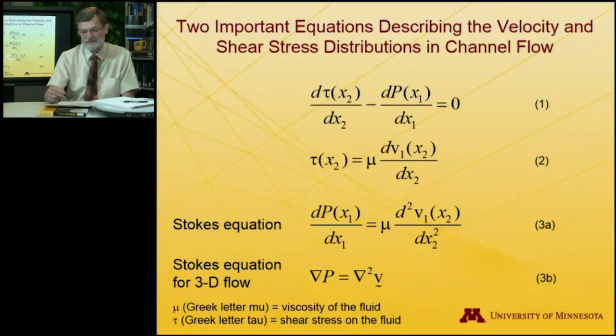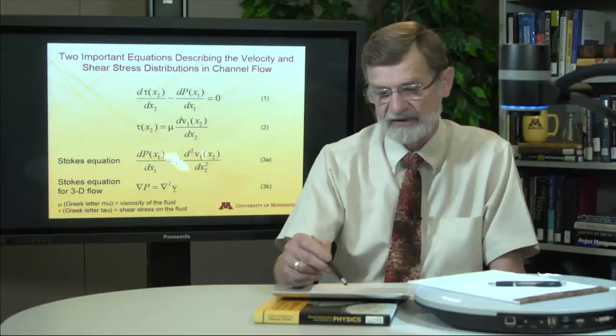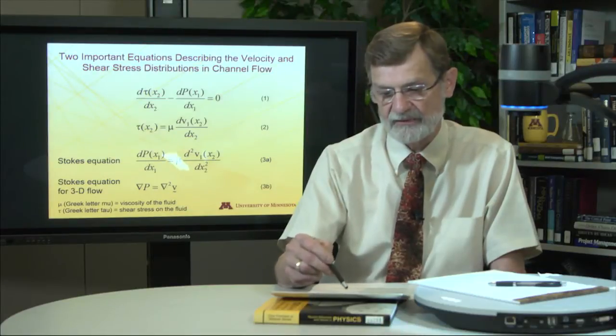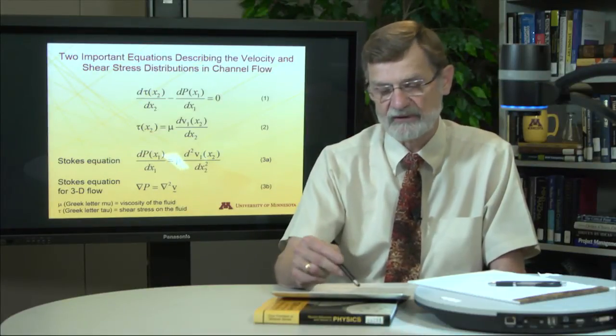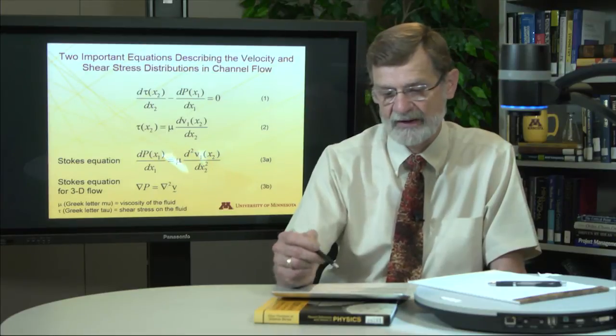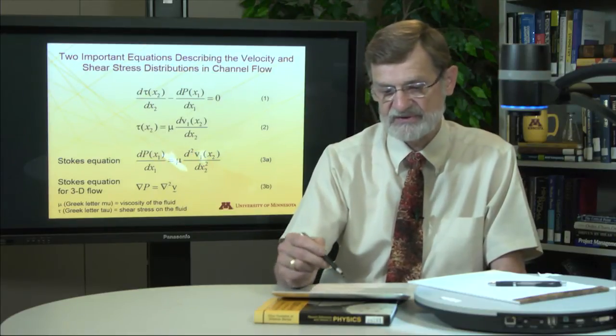And then we have a constitutive equation, which relates the shear stress to the gradient in the velocity. It's for a linear material where the gradient in the velocity relates linearly to the shear stress. And mu, again, is the viscosity of the fluid.